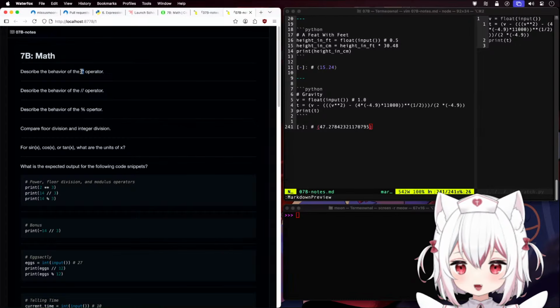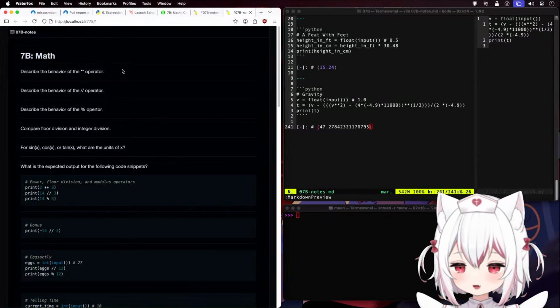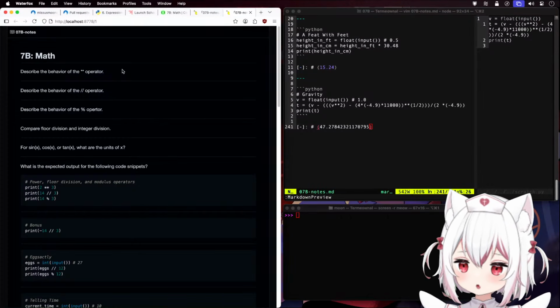So that's the power operator. It takes A and raises it to the power of B, right?